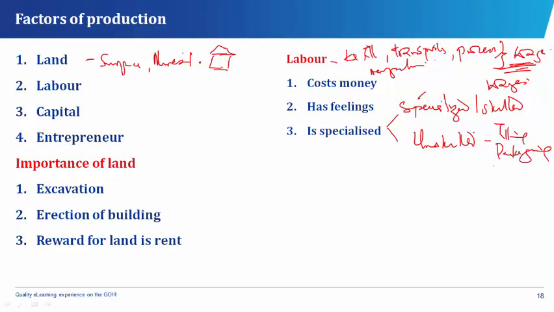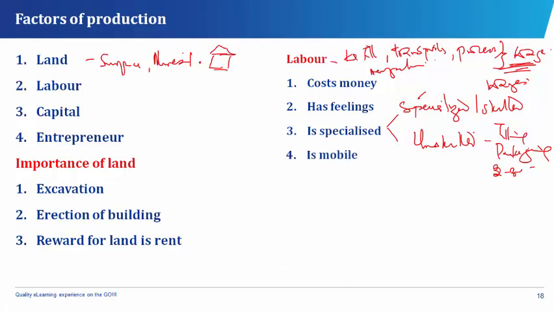Anybody can learn within 2 to 3 hours or even 30 minutes how to do a particular job, and that's called unskilled labor. People involved in unskilled labor are usually paid less, because the activity is common and anybody can learn it within a very short period of time. So it's better to specialize labor.